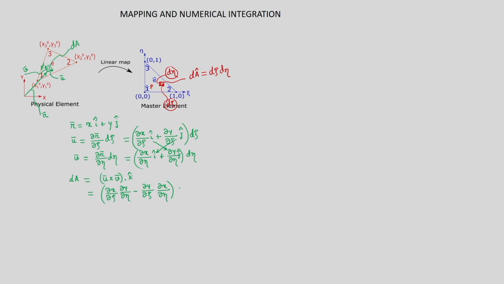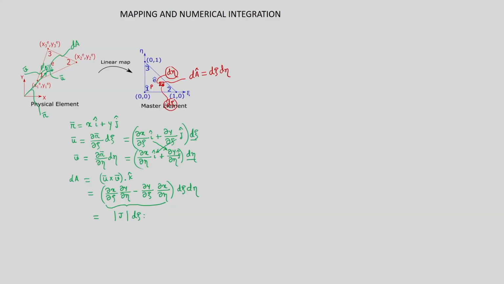Now, k dot k yields 1 and we are left with d xi d eta, these two terms. Now, what is this value? If you go back and look at the Jacobian matrix, this is basically the determinant of the Jacobian corresponding to this element.